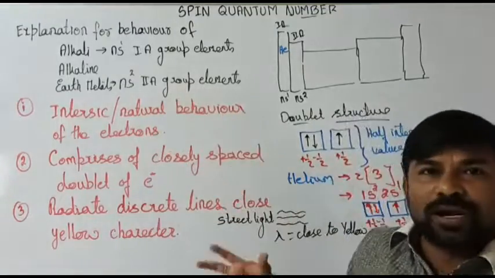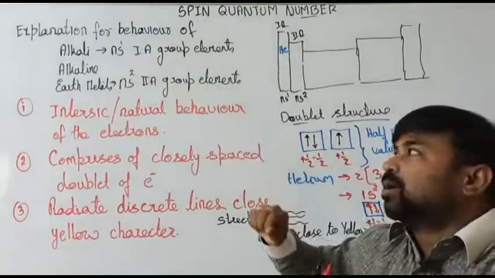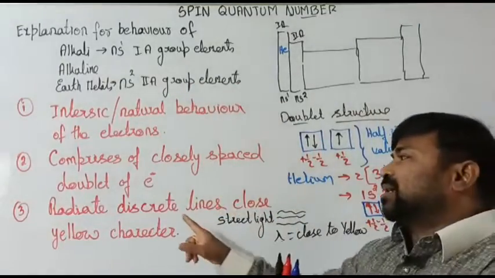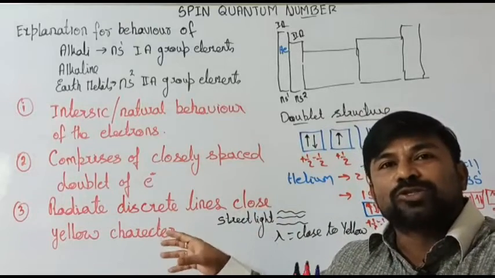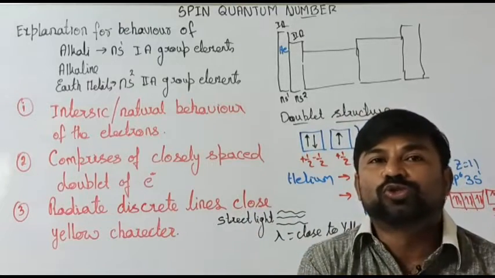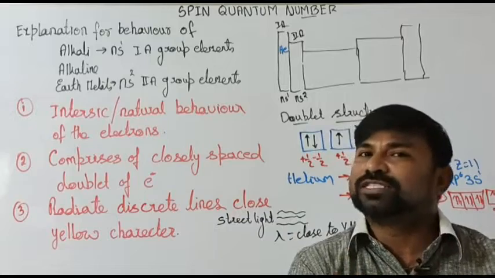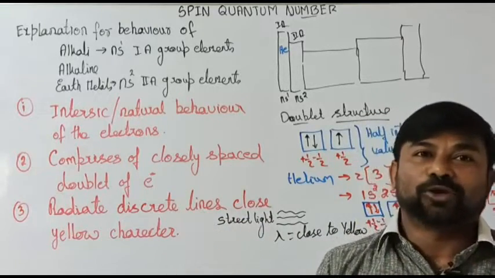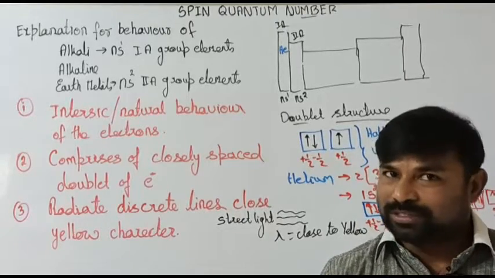Thus, all these explanations, the intrinsic character of the electrons, the duplex structure, and the wavelength emitted by the sodium vapor lamps being very close to the yellow color light frequency, because of these factors, they have this peculiar behavior, answered by the spin quantum number.